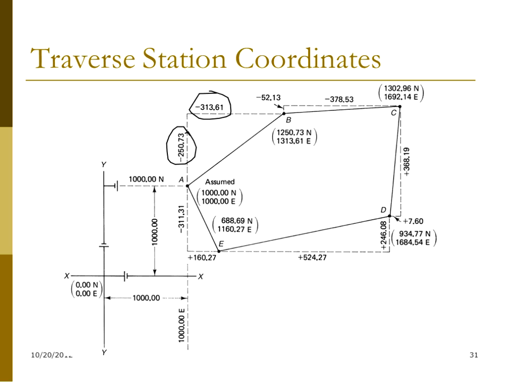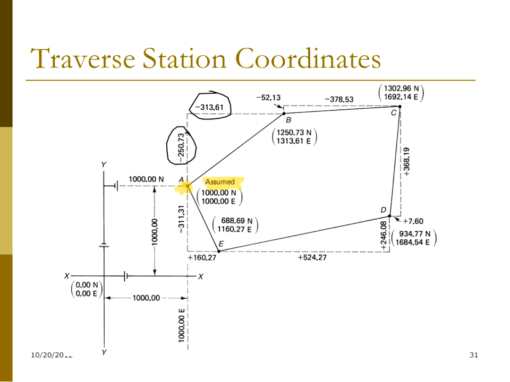So we've made an assumed value of our initial coordinate. We want to make it such that we never cross south of our east-west line and that we never cross west of our north-south line. So we're going to assume that station A is 1,000 north, 1,000 east.